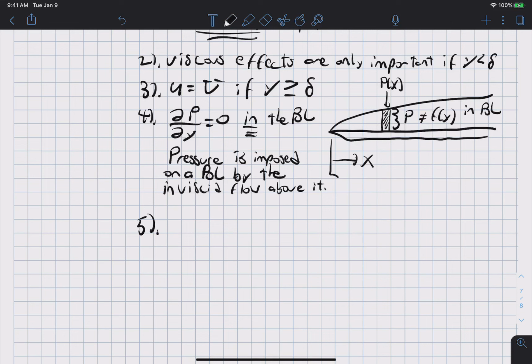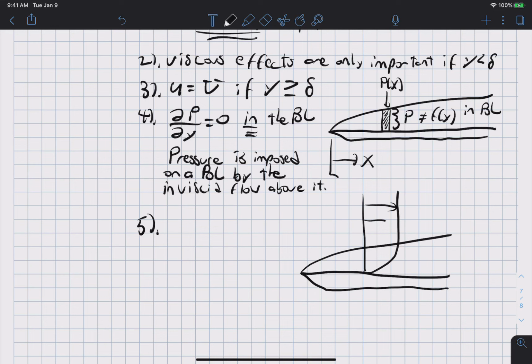And that produces what's called a velocity deficit. So if I draw another flat plate and the boundary layer, there is a region here where the flat plate slowed the velocity down. And so if I were to extend this u straight on down and then shade this region here, it is called the velocity deficit.